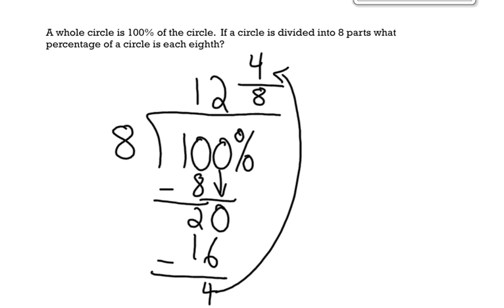Now as we look at that fraction of 4 over 8, we've got to say, wait a minute, that is not in the lowest terms. That can be reduced because 4/8 is equal to 1/2. And so in the end, our answer is 12.5%.